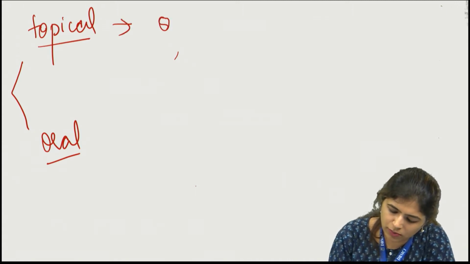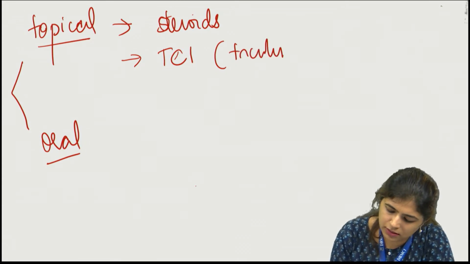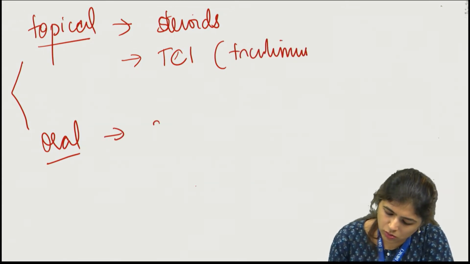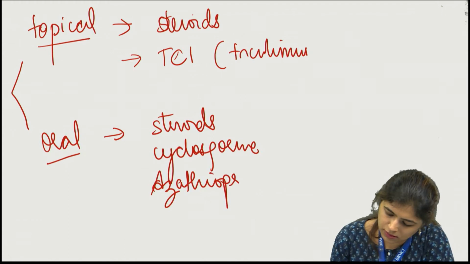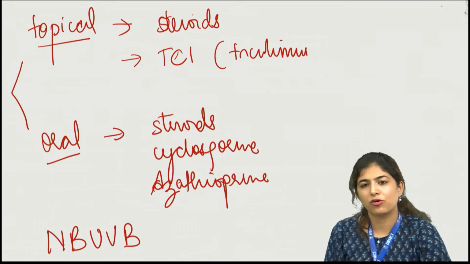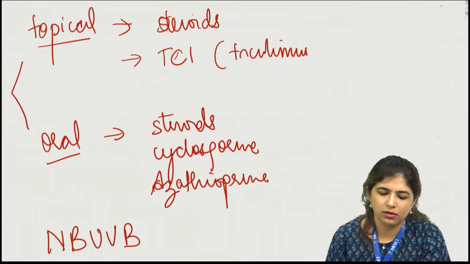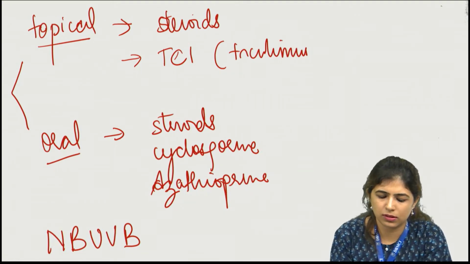Topical, you have topical steroids, topical calcineurin inhibitors like tacrolimus, oral steroids, cyclosporin, azathioprine, then narrowband UVB. Okay, most important in the treatment of this.